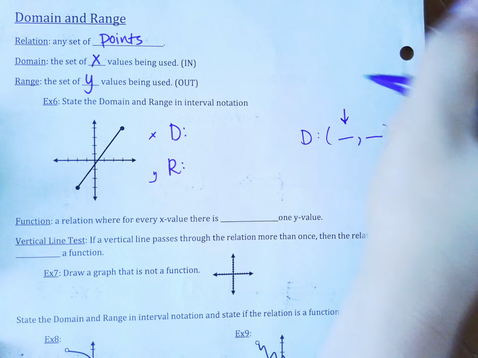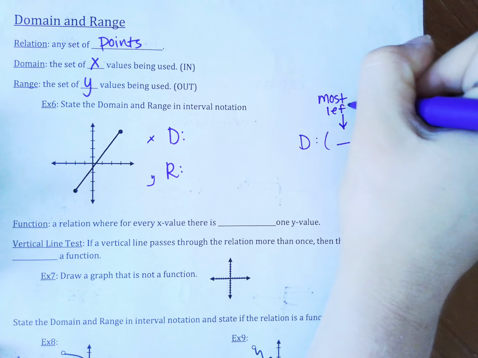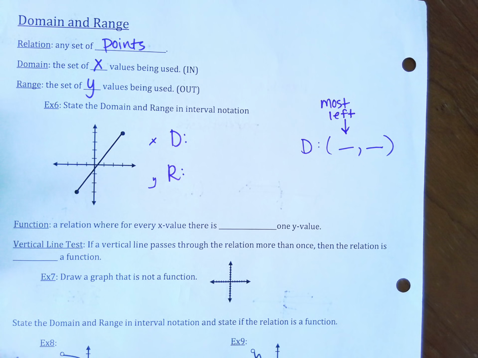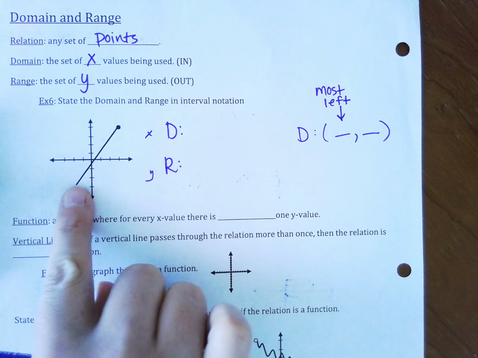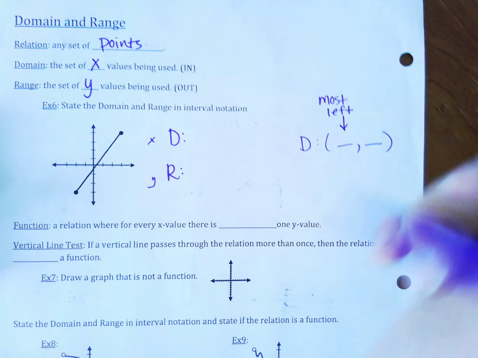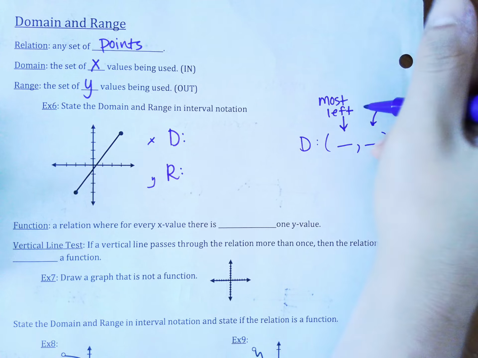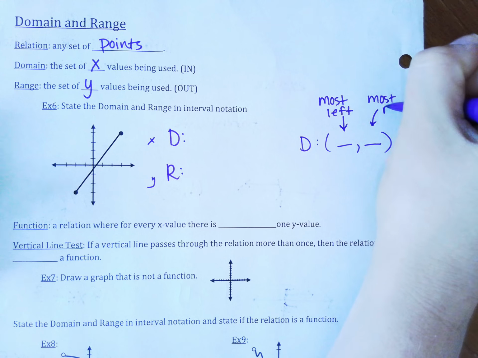This first point is always going to be the most left value that you see. How far left does your function go? It doesn't necessarily have to end there, but it has to reach that point. And then for your upper bound, it would be the most right point.